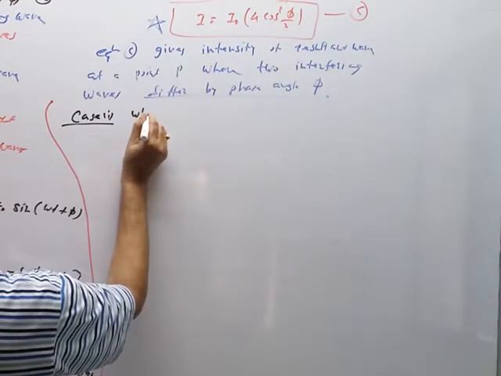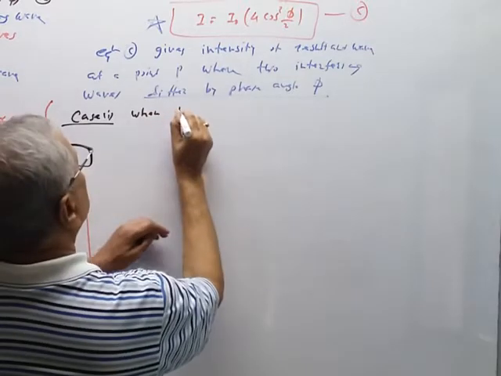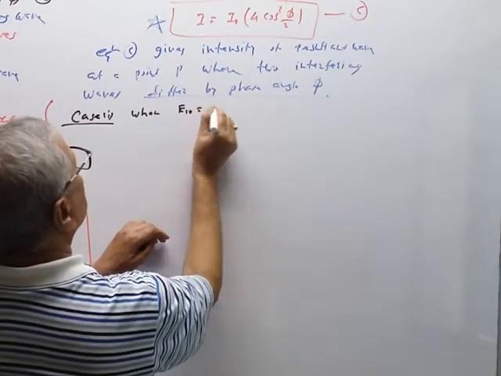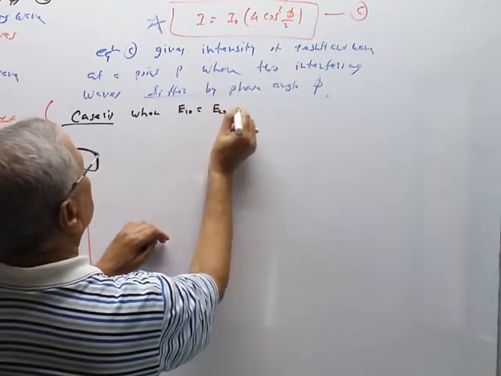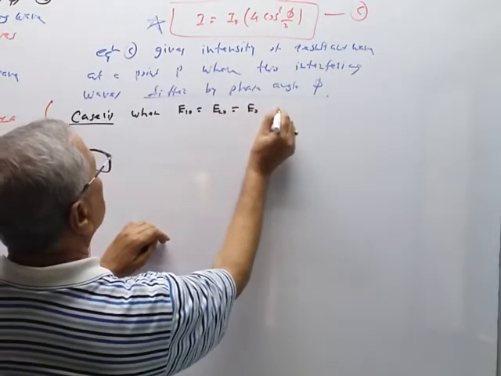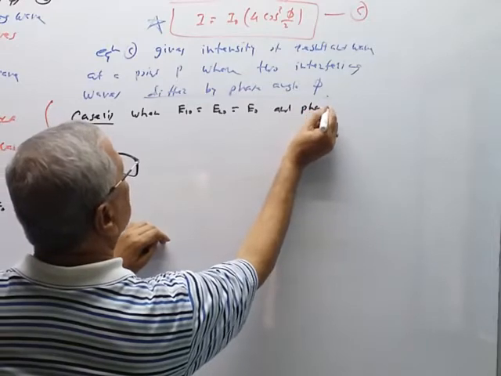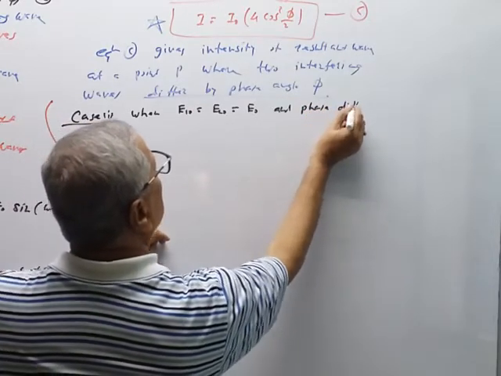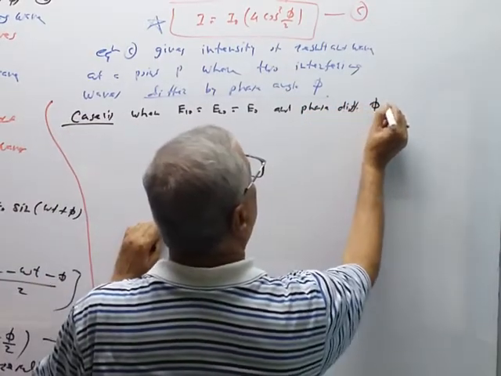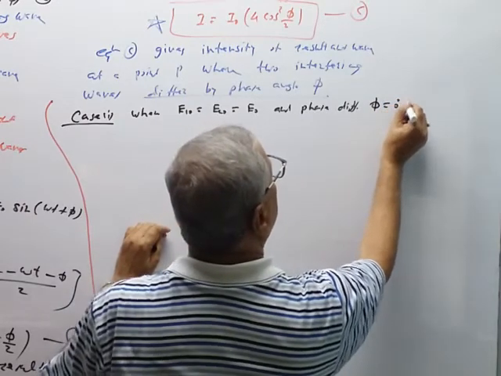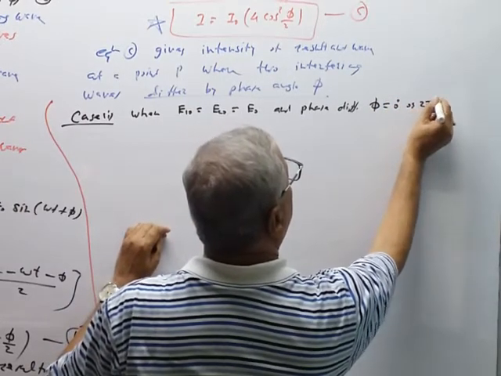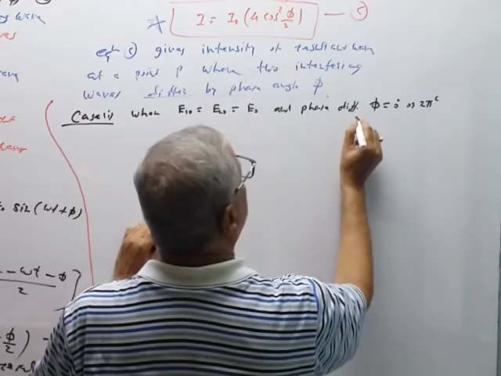When E10 is equal to E20 is equal to E0 and the phase difference phi is equal to 0 degree or 360 degree, that is 2 pi radian.